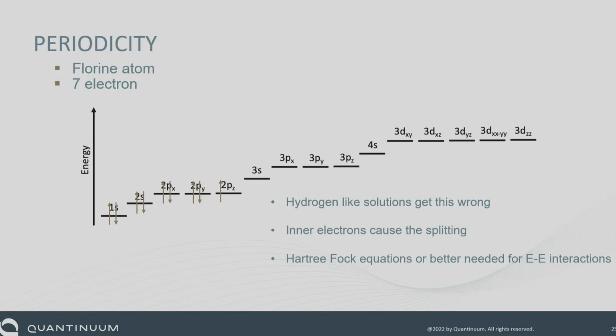You might have seen this in your chemistry classes at A level. With the solutions that we just derived, all the things with n = 2 would be at the same level, and all the things with n = 3 would be at the same level.